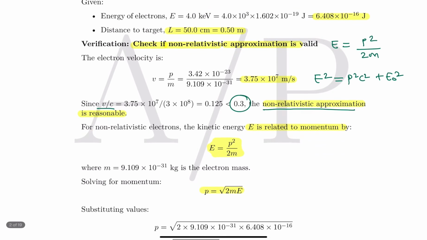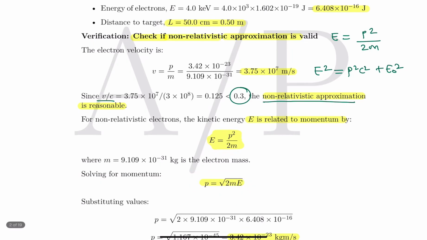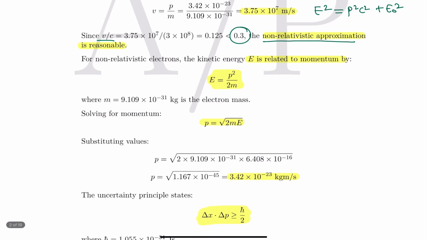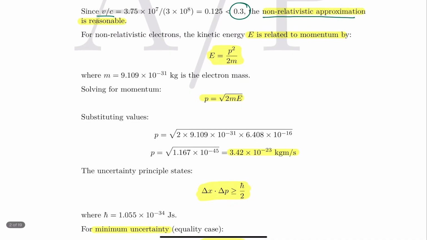So we are going to use the energy P square upon 2m, and from that we get the expression of momentum, that is under root 2mE. When we substitute all the required constants, we get momentum to be 3.42 multiplied by 10 to the power minus 23 kilogram meter per second.